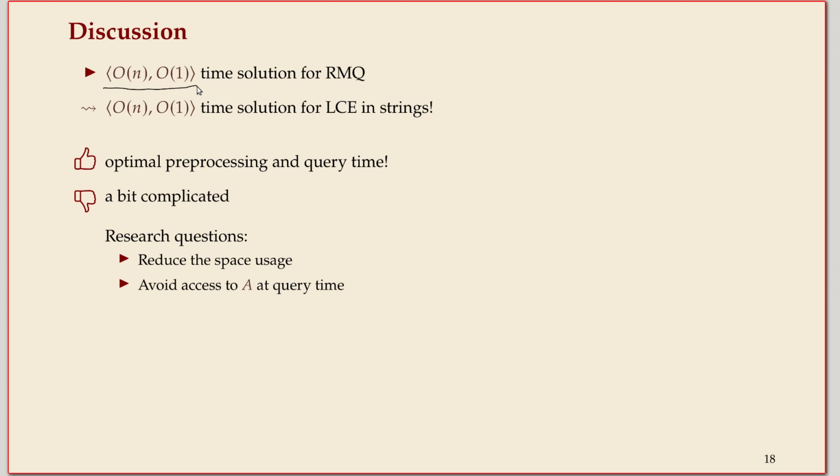It took us a while to go through the details of first how to find the Cartesian trees. And this was important because it allowed us to bound the total number of different blocks that are equivalent with respect to range minimum queries, which then allowed us to do this table lookup trick.